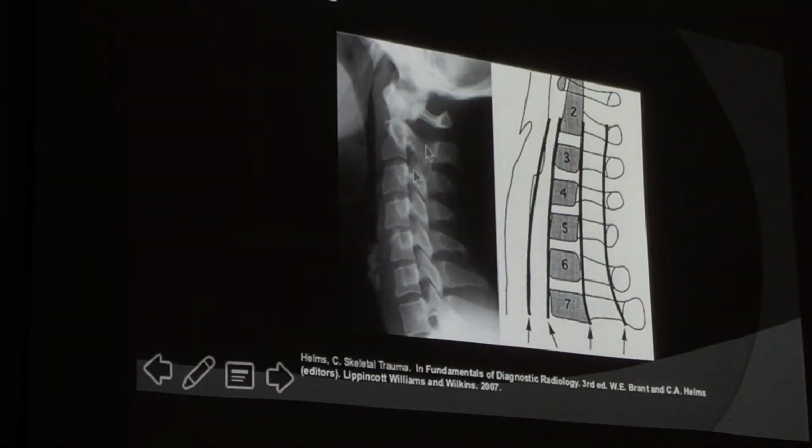Cervical spine, okay. Here, the rule of thumb is you look at these lines for reference, and then you have to look whether there is good alignment or not. So, the anterior spinal line, the posterior spinal line, and the line of the spinous processes. So you look for displacement.